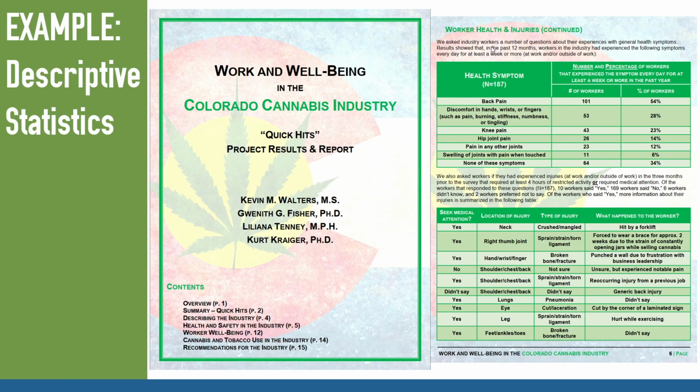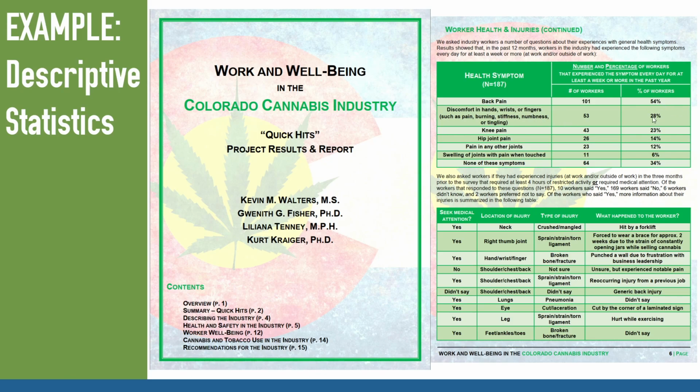for the sake of being brief here, at the top we have worker health and injuries, basically just describing the different injuries people have had on the job, right? So we asked them to respond to questions about basically how many of them have had these different symptoms at work as a result of what they did at work. So you can see 101 workers said that they had back pain.